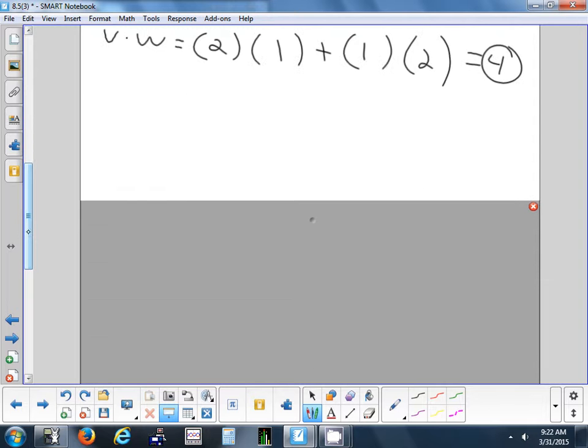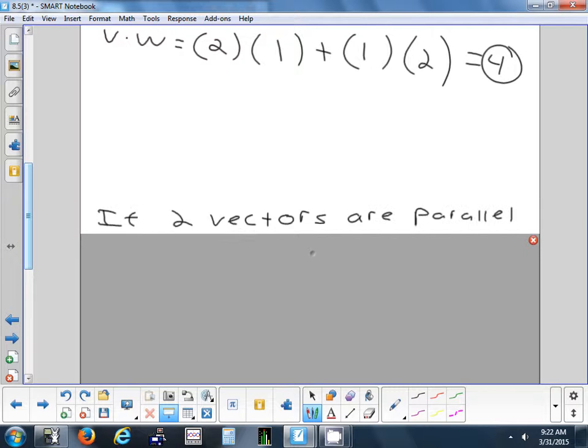All right, so that's the case where they're perpendicular. The other one is parallel. What would the angle be between 2 vectors if they are parallel? 180. Okay, you could have 180, which would basically mean one vector like this, one vector like that. That's a 180-degree angle between them. What else?